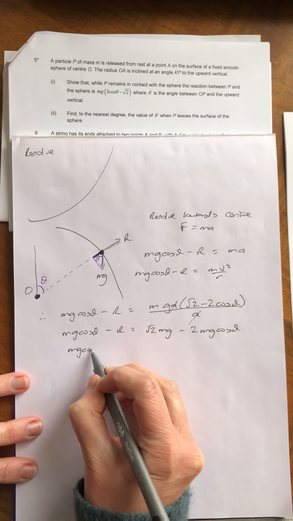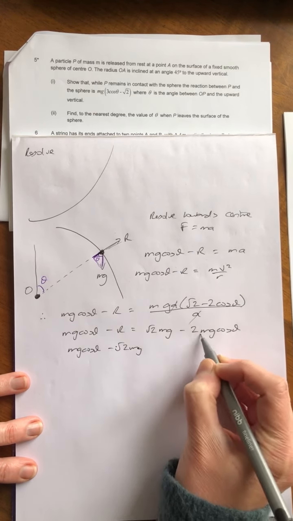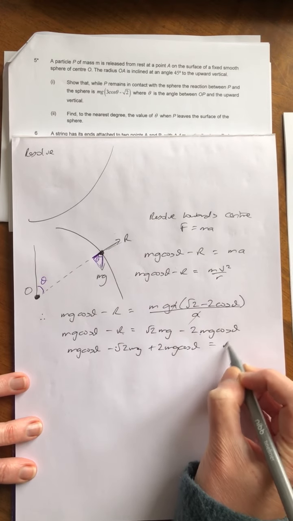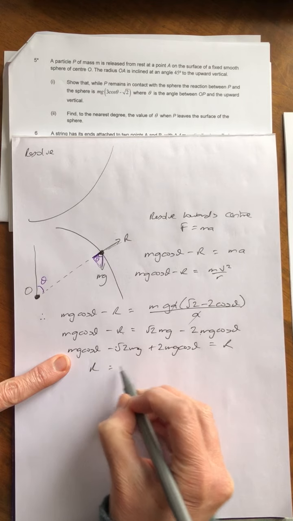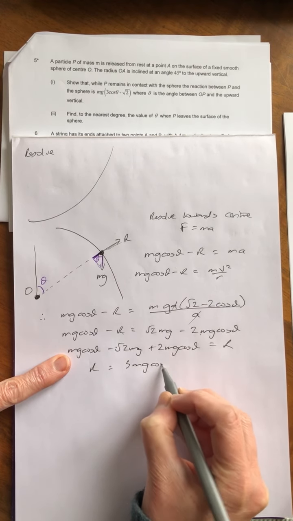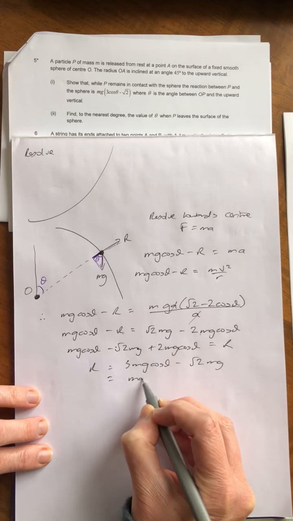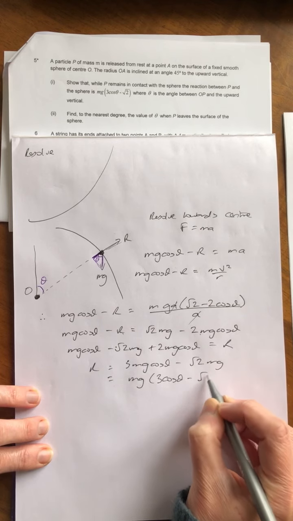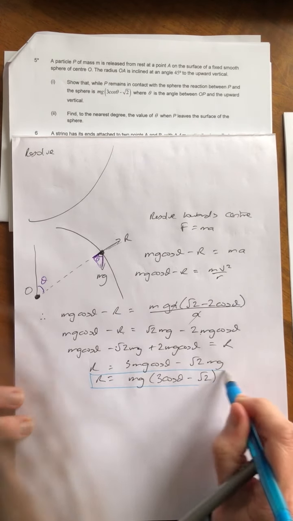So it'll be mg cos theta minus root 2 mg plus 2 mg cos theta, and that's equal to R. These two combine to give 3 mg cos theta minus root 2 mg. Factor out the mg and we're left with 3 cos theta minus root 2. And yeah, that is what we need. Apologies for my little diversion earlier.